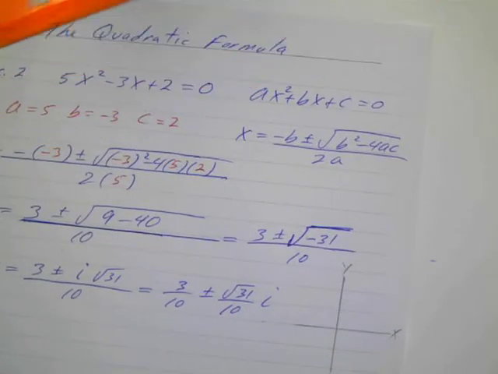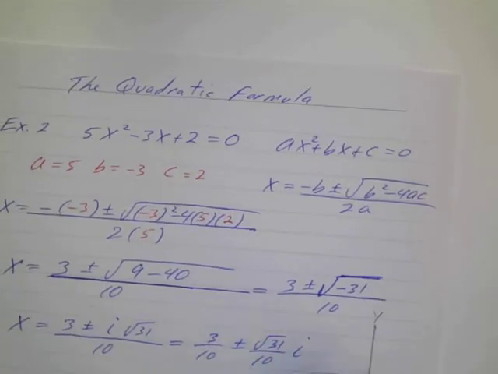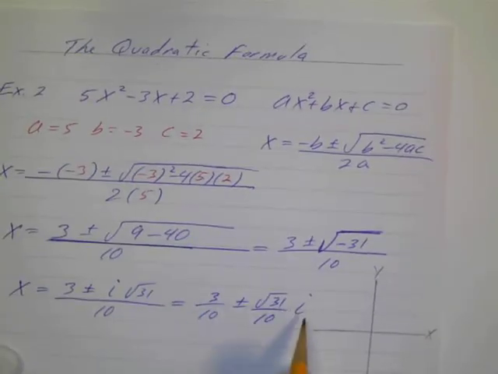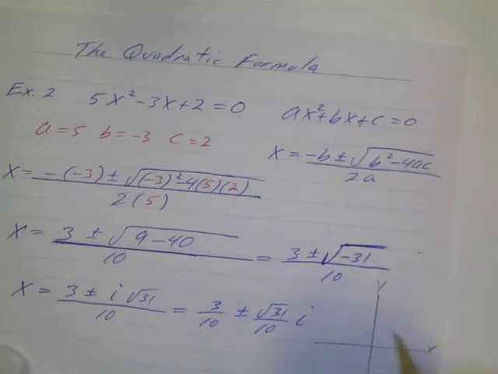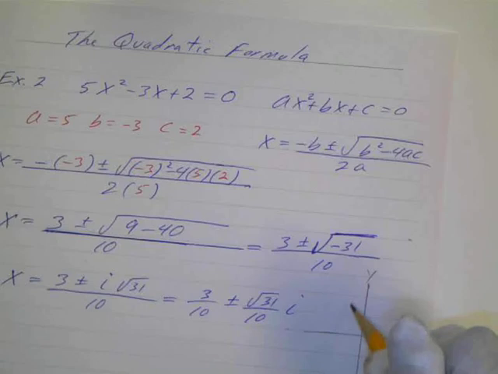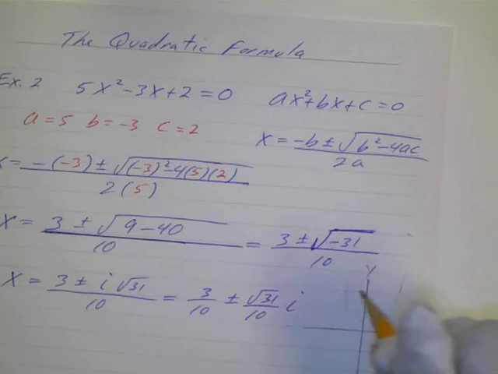Well, it's a parabola. We said these are parabolas, so what's it going to look like? Well, we know since this is positive, it's shaped like a U, but since it doesn't have any real zeros, it could go something like this or like this. I'm not exactly sure what it's going to look like, and we really can't tell unless we find the vertex.